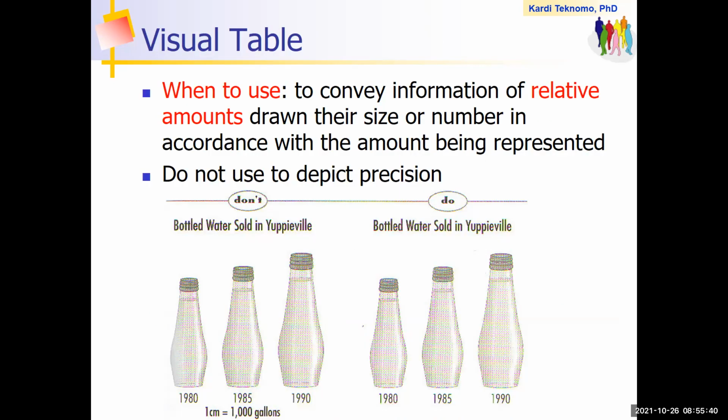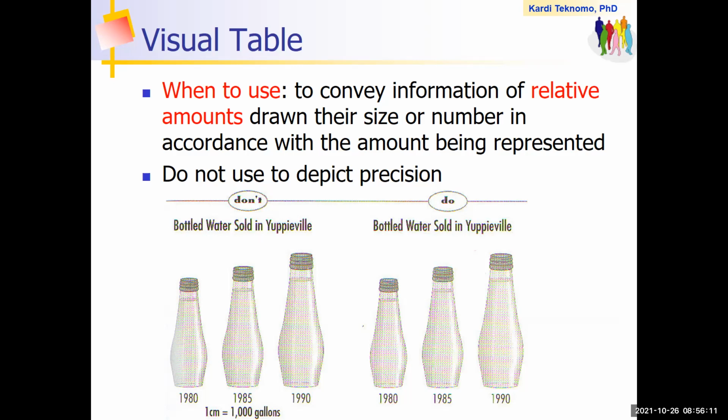Now, visual table is a kind of pictorial. You want to use a picture to convey some information in relative amount. So the size is relative, according to the amount that they represent. In this case, if you use visual table, never depict the precision.